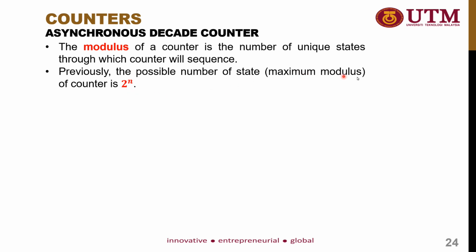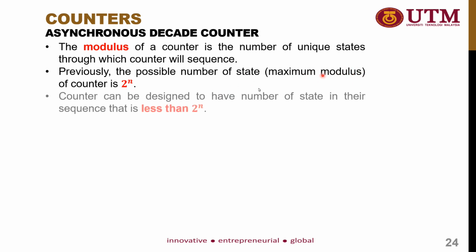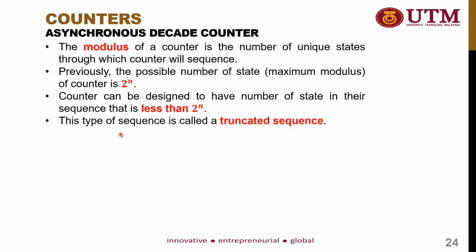So modulus is actually the number of states. A counter can be designed to have a number of states in its sequence that is less than 2 to the power of n. It means that our number of states doesn't necessarily have to be 2 to the power of n. This type of sequence is called a truncated sequence.